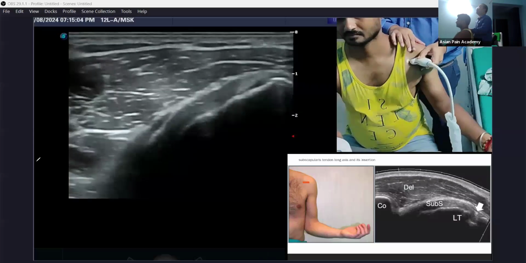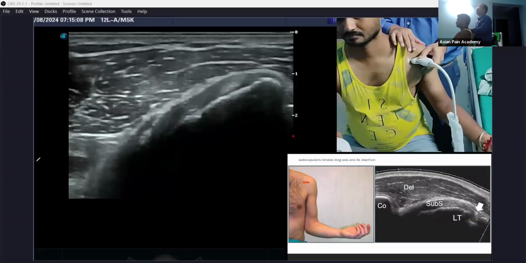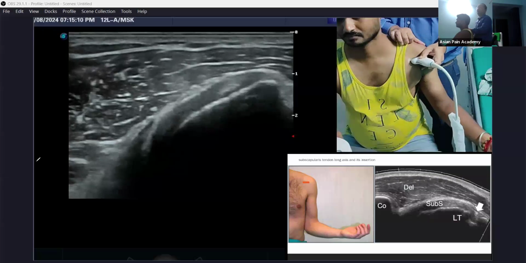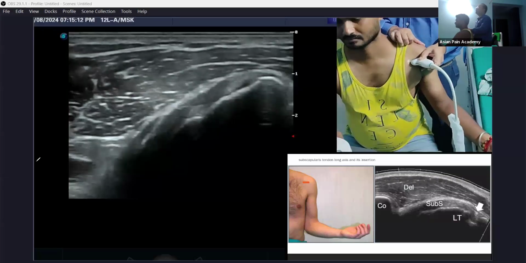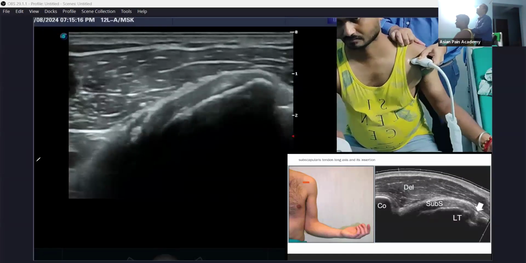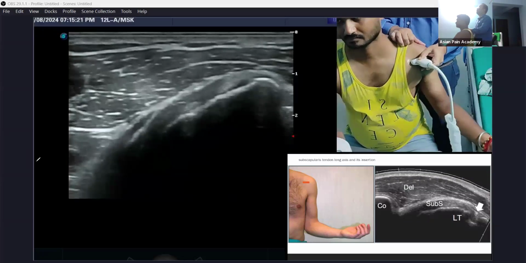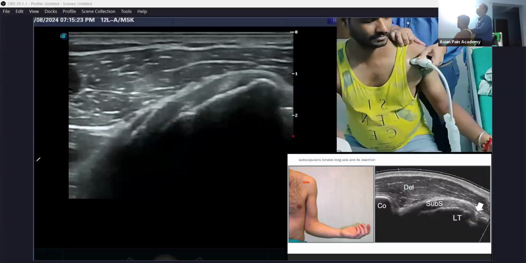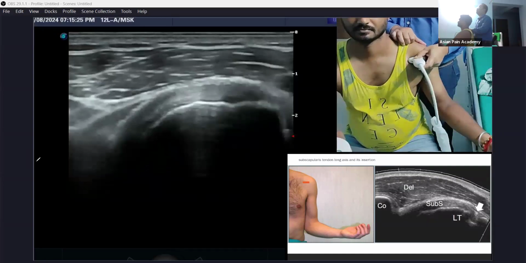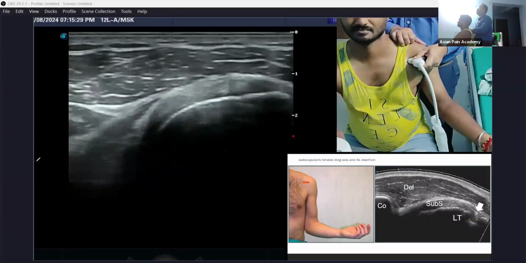If I want to see only the insertion point, then I will do this type of movement and heel toe maneuver, and I can see the insertion end of the subscapularis is hyperechoic, but the other area, the left side, has become hypoechoic or black. So I am doing this heel toe maneuver and I can see this part also becomes hyperechoic.